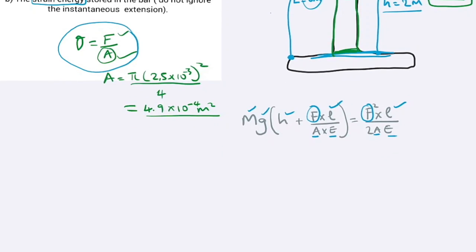Let us substitute in this formula. The mass is 40 times the gravity, 9.81.